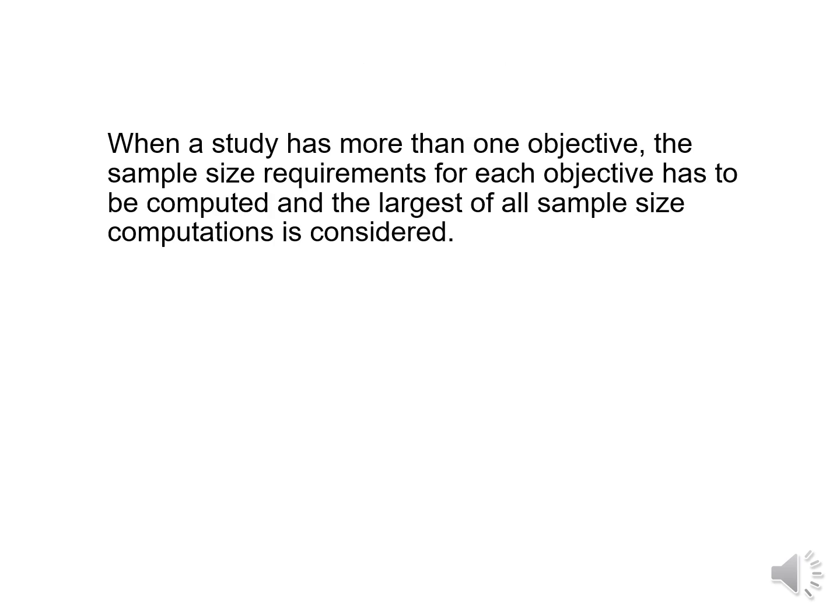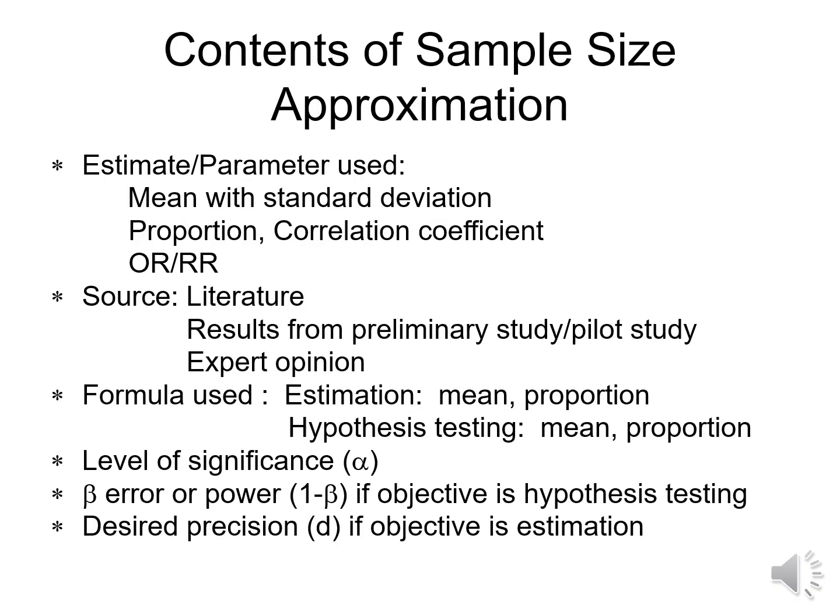And lastly, when a study has more than one objective, the sample size requirements for each objective have to be computed, and the largest of all sample size computations is considered to account for all study objectives. In the textual description of the sample size approximation, indicate the estimate used, whether it's the mean with standard deviation, the proportion, the correlation coefficient, or a measure of association.